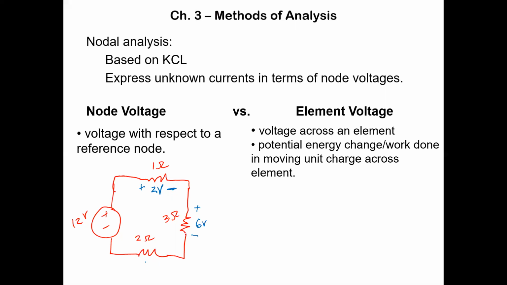And which side does the plus sign go on? On the right. Current is losing energy as it drops through all those resistors, right? The current is going in a clockwise loop around there, positive current flow, losing energy across those elements. So each one of these blue numbers are element voltages.